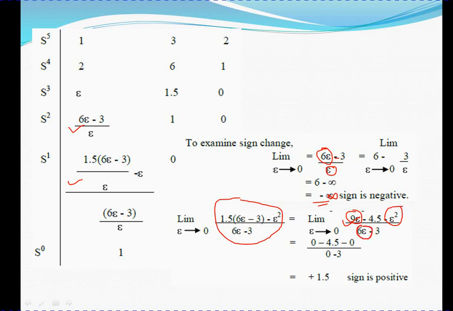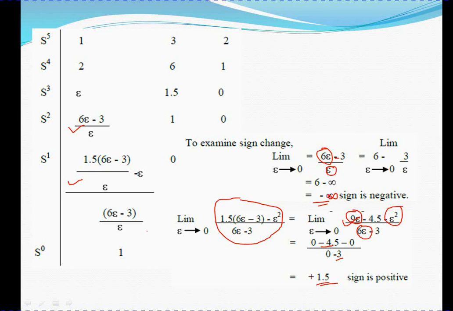The remaining term will be minus 4.5 divided by minus 3, so minus by minus cancel with each other, hence you get 1.5 plus. This is the sign for the s to the power 1 row.